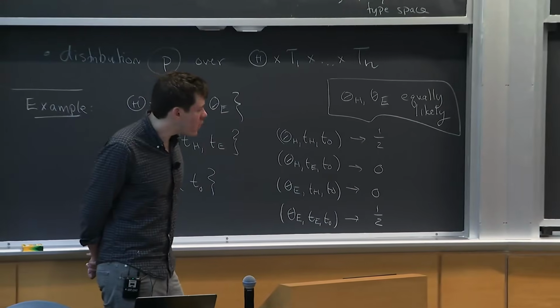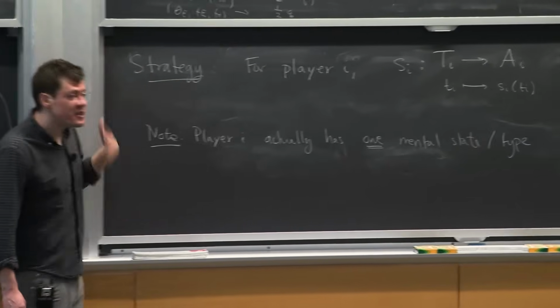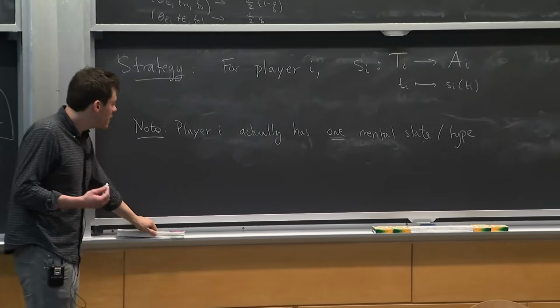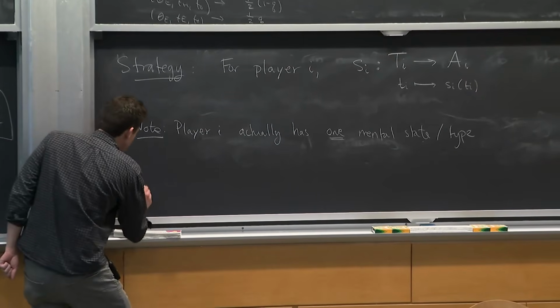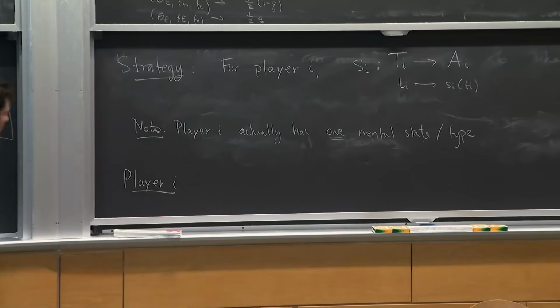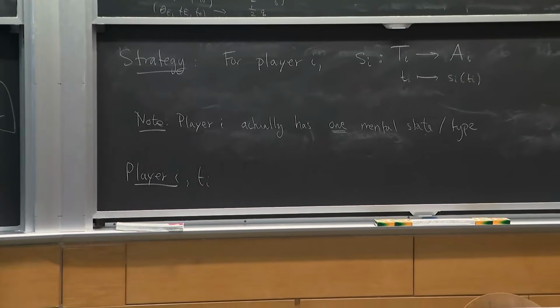Okay. So the final step to define equilibrium is we have to say a little bit more about beliefs. So let's put ourselves in the position of player I. Suppose I'm player I. What I know is my type. So let's say my type is Ti. Now I have to decide how to play.